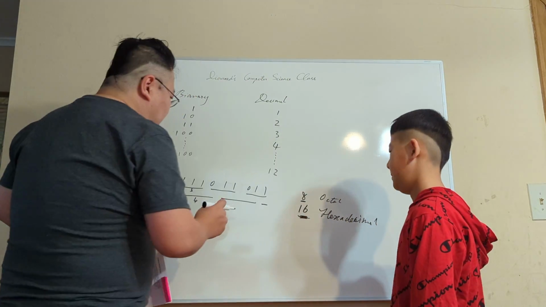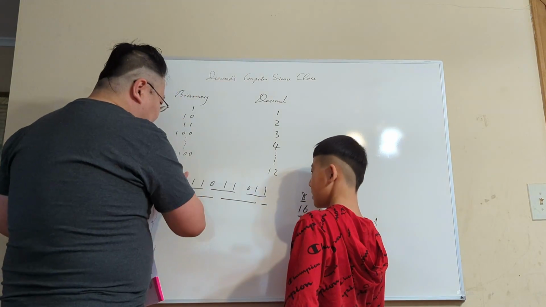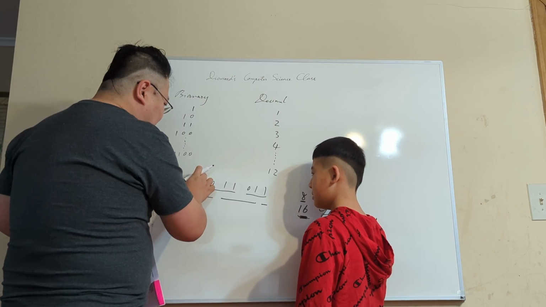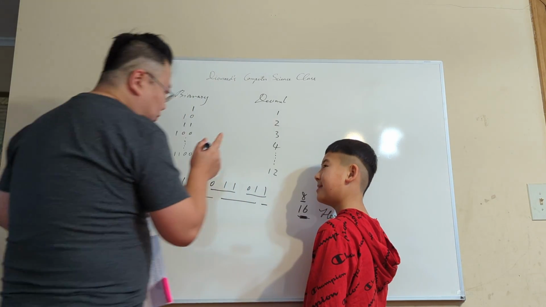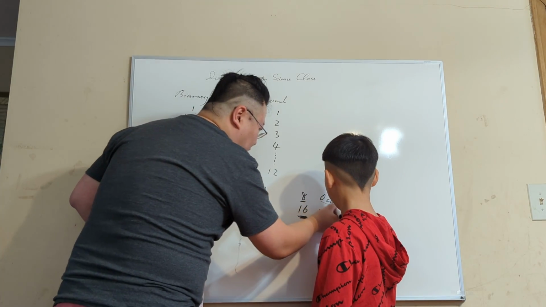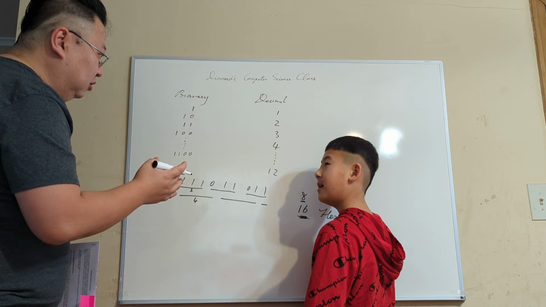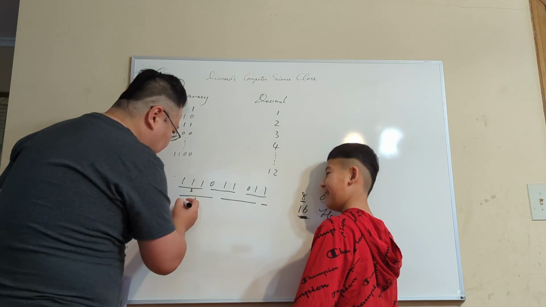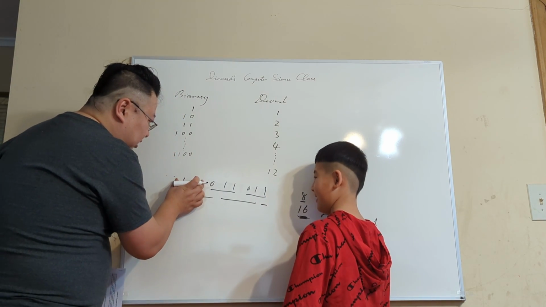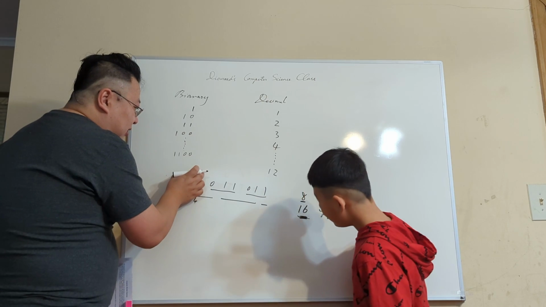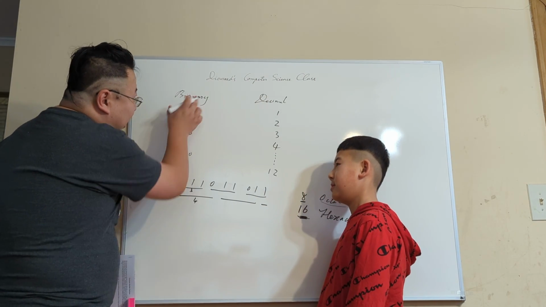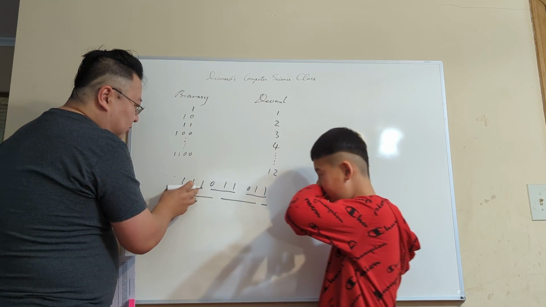So let's say this one. Okay, here is the question for octal numbers, because you see it's every three binary bits.